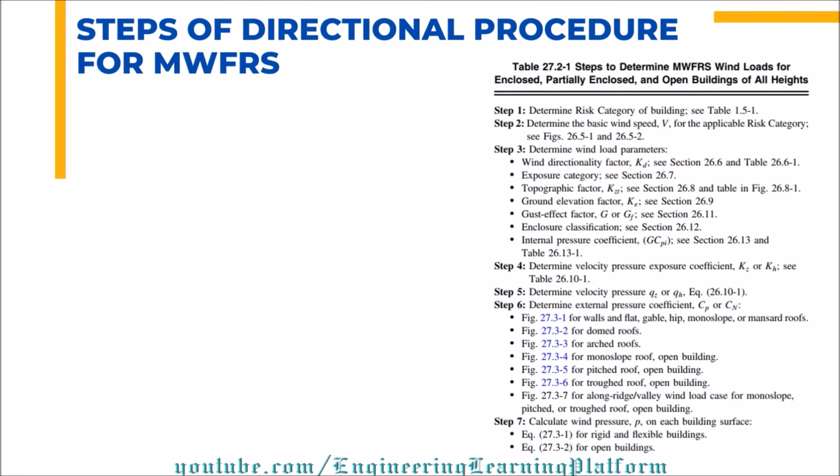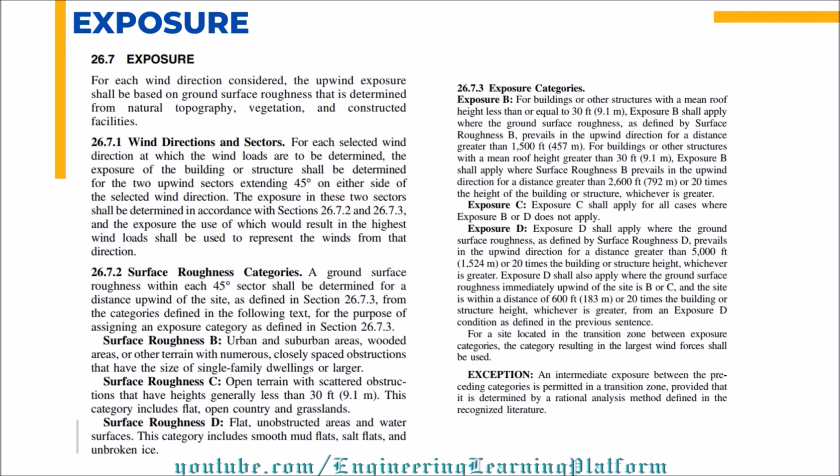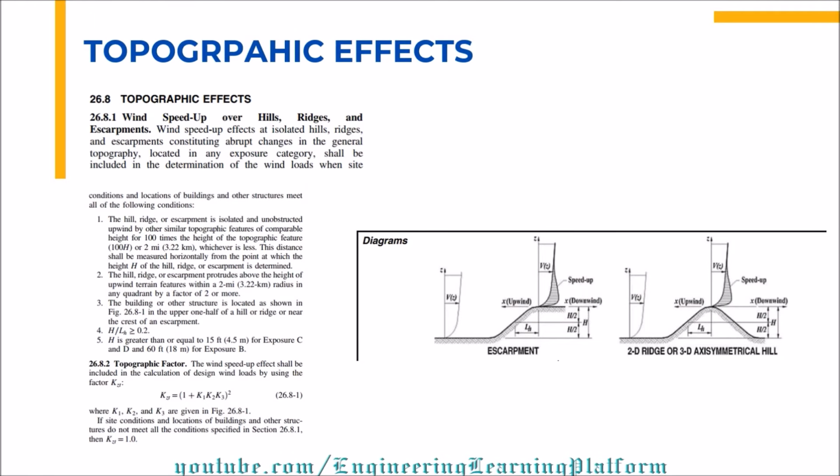Then the topographic factor. This factor we usually take as 1 unless you have a building that is located on a hill. This is the topographic factor, that is Kzt.